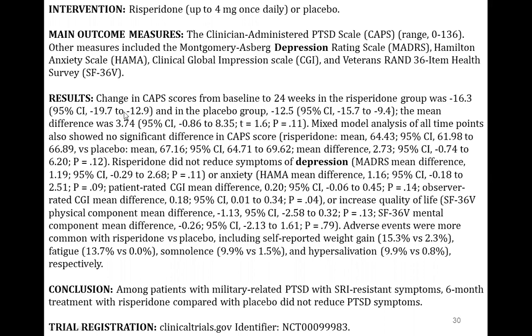They're both negative, so that says the interval does not include 1.0. If you remember what I said before, a confidence interval including 1.0 is not statistically significant, so any confidence interval outside of 1.0 is statistically significant. So that is a statistically significant change from baseline to 24 weeks for the risperidone group in and of itself.